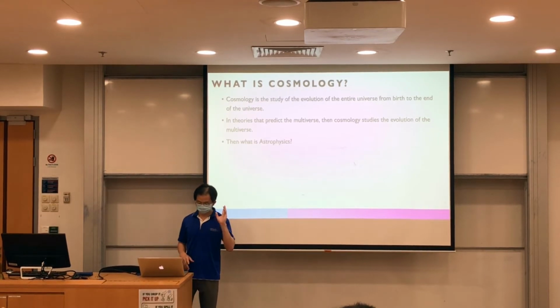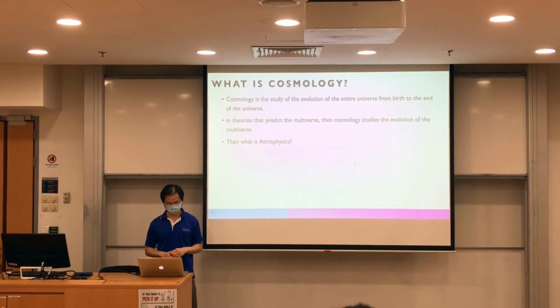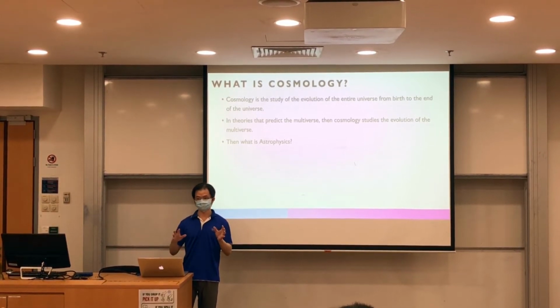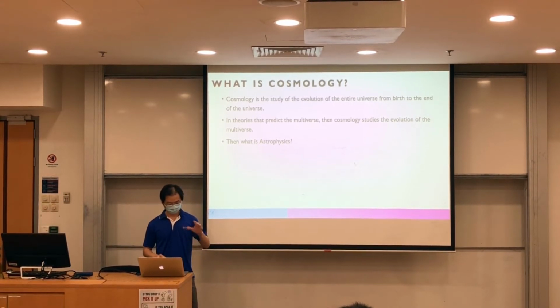Let's throw down other words, because these are very similar words in astronomy. What is astrophysics? You might have heard of these terms before and they are very confusing. If cosmology is the evolution of the entire universe, what is astrophysics?